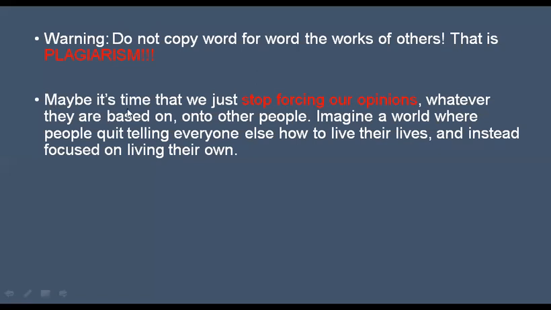Tulad nito. "Maybe it's time that we just stop forcing our opinions, whatever they are based on, onto other people. Imagine a world where people quit telling everyone else how to live their lives and instead focus on living their own." Mga 3, 4 na estudyante nagita ko the same sentences.